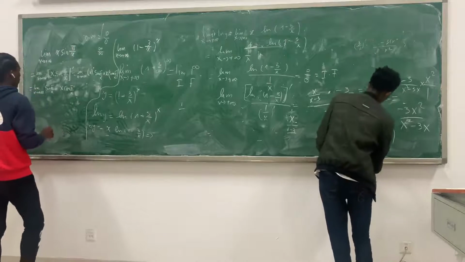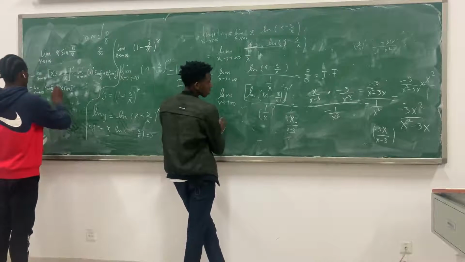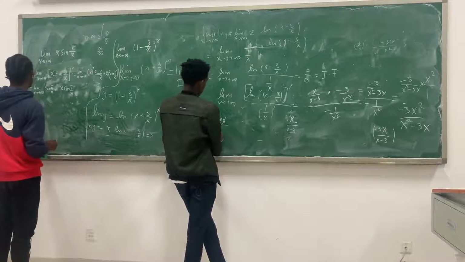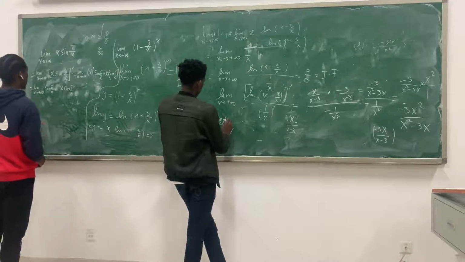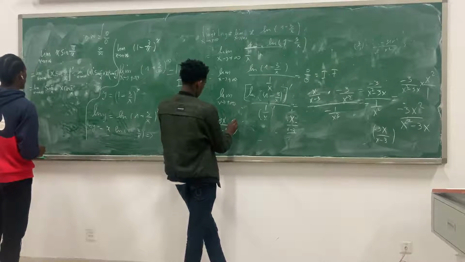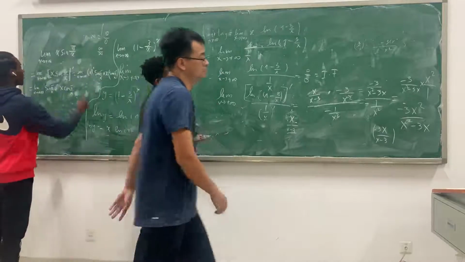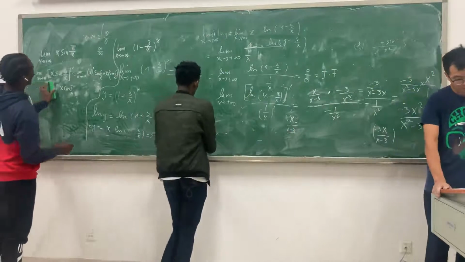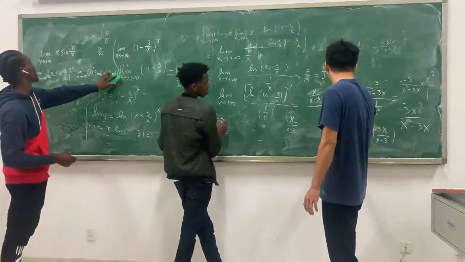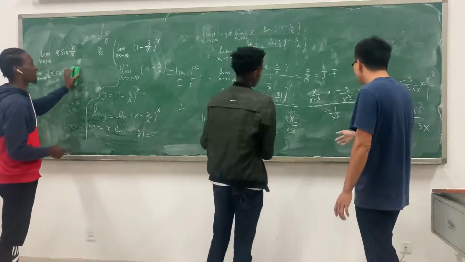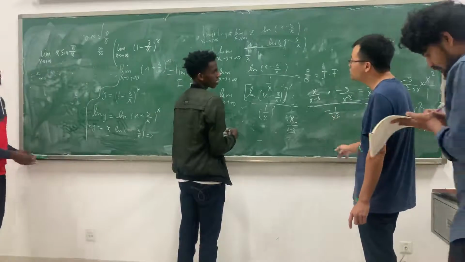So 0 times infinity, you must transform it to 0 by 0 or infinity by infinity, and then you use the transform. You know the method.